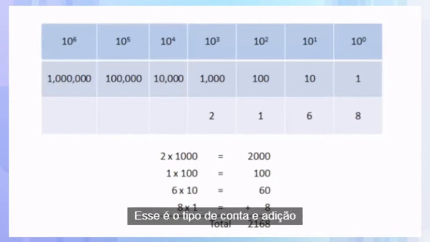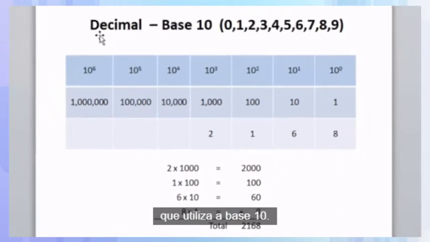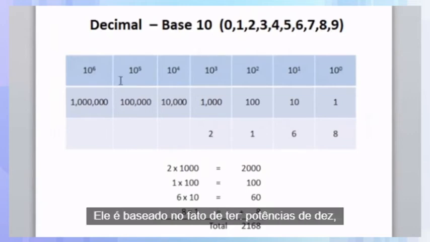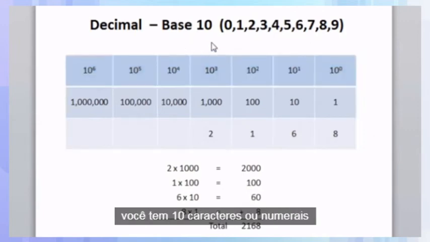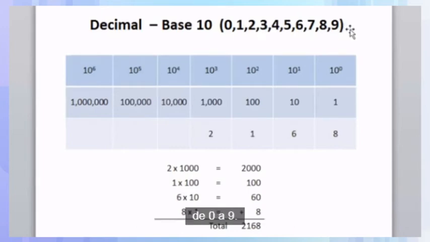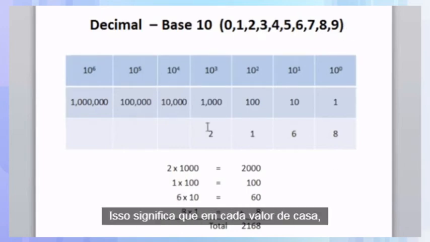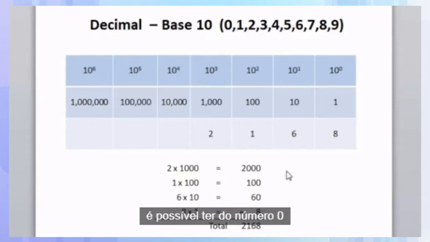This is the type of counting and addition that we learn as children. The decimal system is base 10. It's based on the fact that you have powers of 10, but more importantly, you have 10 characters or 10 numerals in this counting system, from 0 all the way up to 9. So that means that in each place value, you can have anywhere from the number 0 up to the number 9.